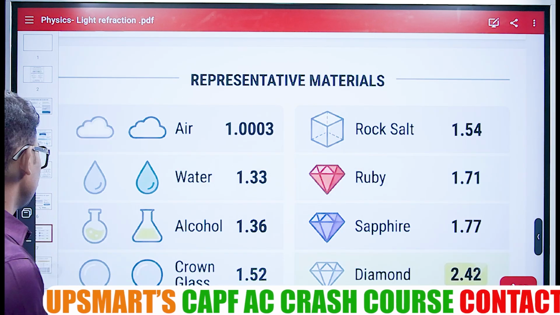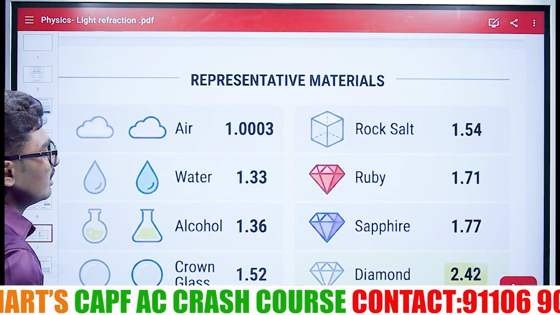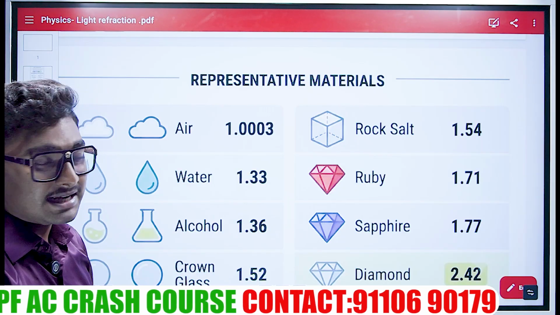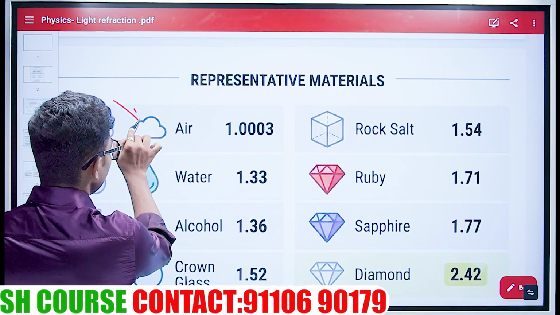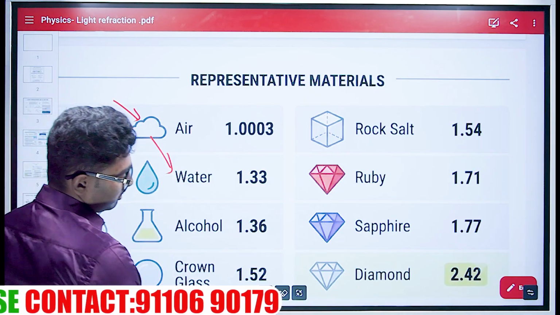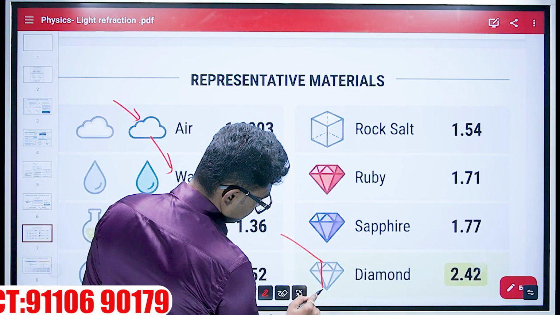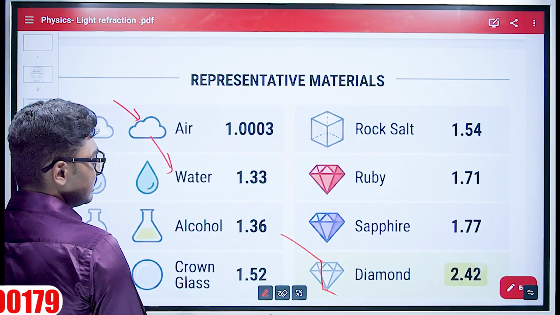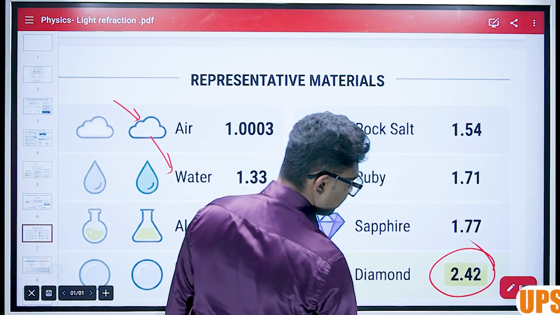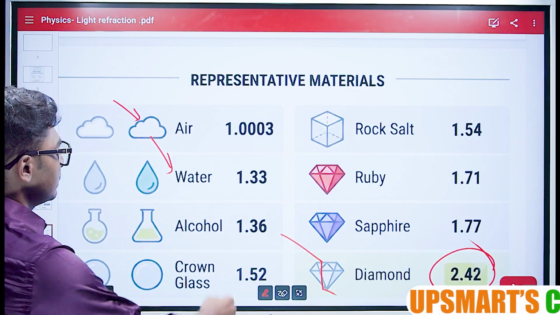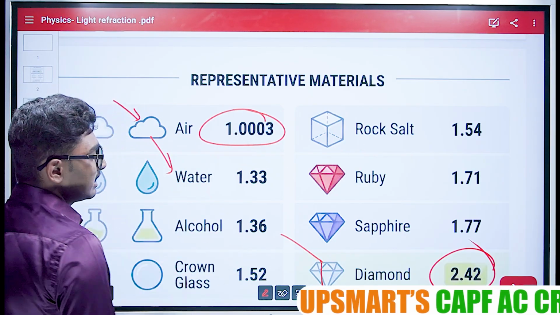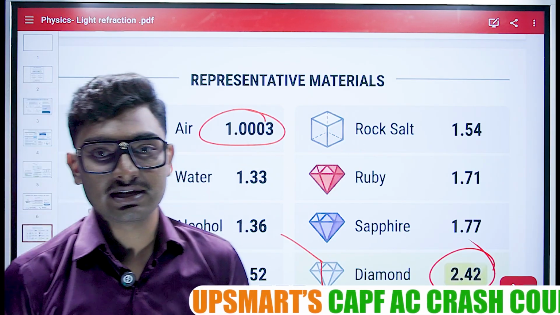Next, they have given the refractive index of various materials through which the light ray can pass. See, diamond has the highest refractive index, 2.42. Air has a much lower refractive index, 1.0003.